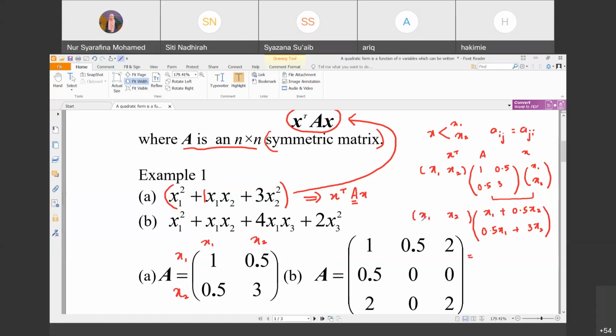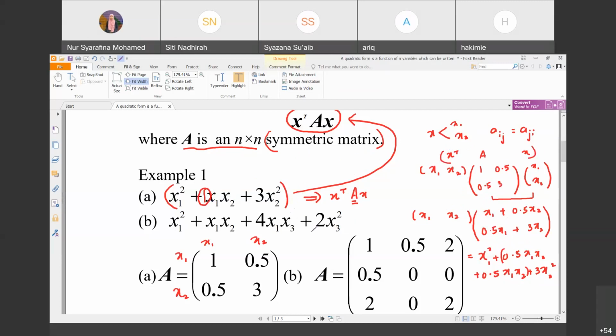You will have x1 squared plus 0.5 x1 x2, x2 x1 plus 0.5 x1 x2, and x2 times 3 x2, which is 3 x2 squared. So here it becomes 1, 0.5, 0.5. This is how we can represent the function with a symmetric matrix, and you can verify it by multiplying out x transpose A x to get the function back.